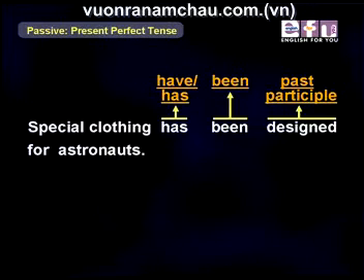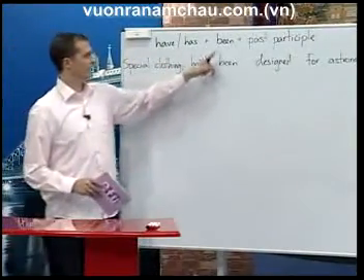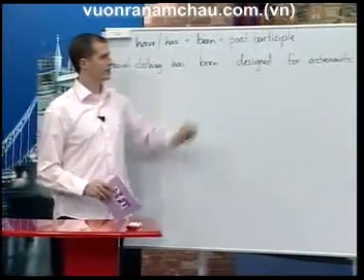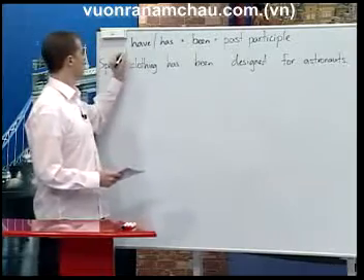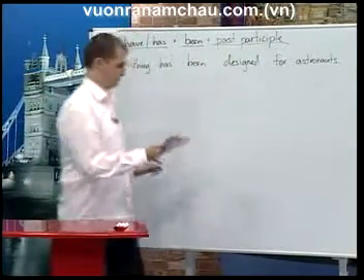Now that is has been designed for astronauts. Special clothing has been designed for astronauts. Have and has been plus past participle.